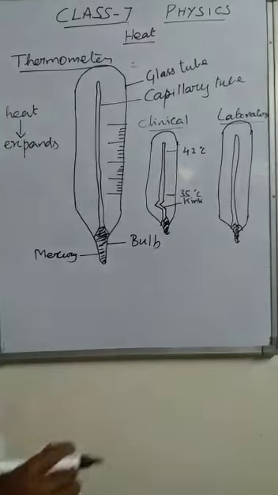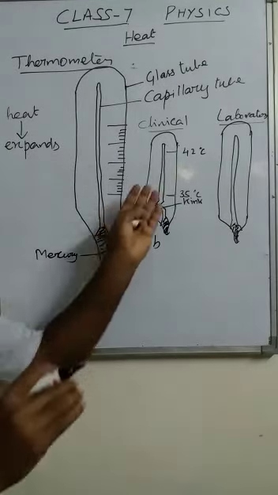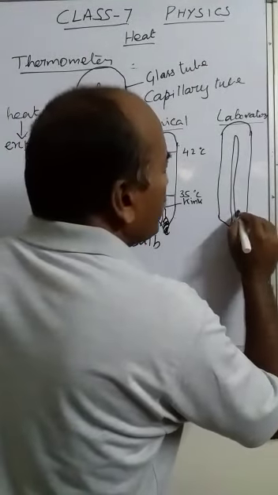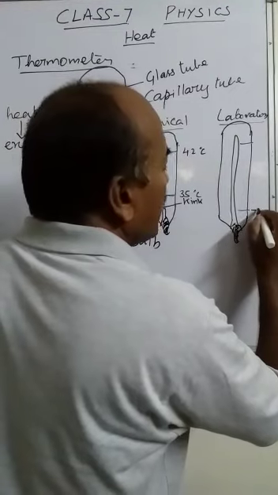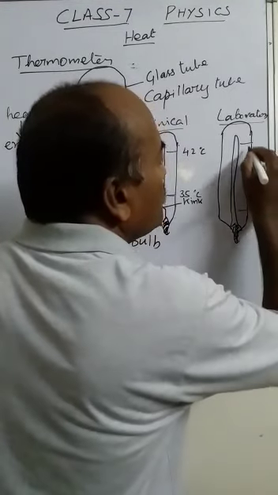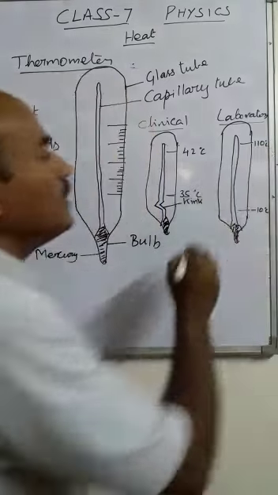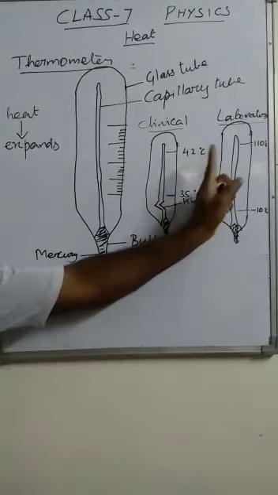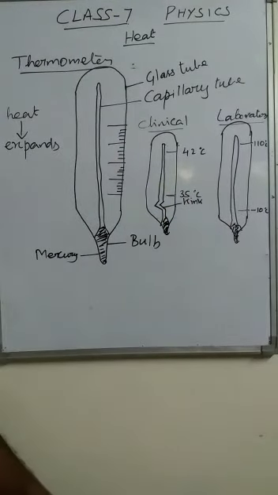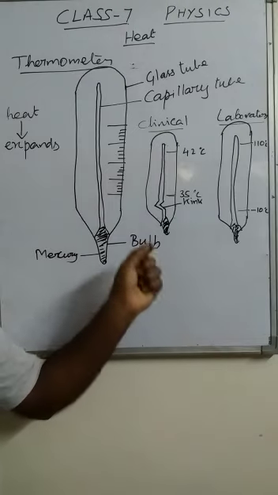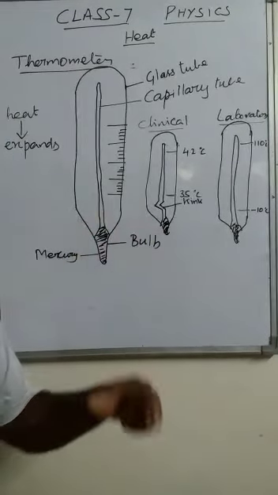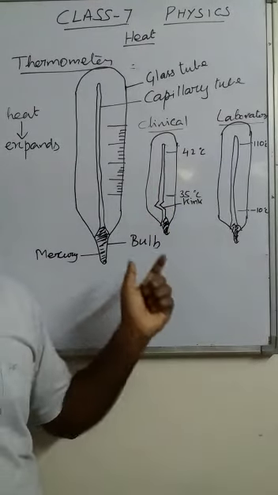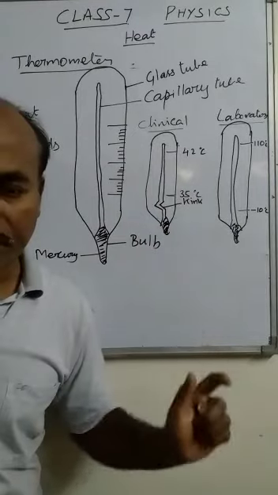The temperature range of the laboratory thermometer is minus 10 degrees Celsius to 110 degrees Celsius. So these are the differences between the clinical thermometer and the laboratory thermometer. In the next session, we'll discuss some more things about the clinical thermometer and the precautions to be taken while using this thermometer. Okay.